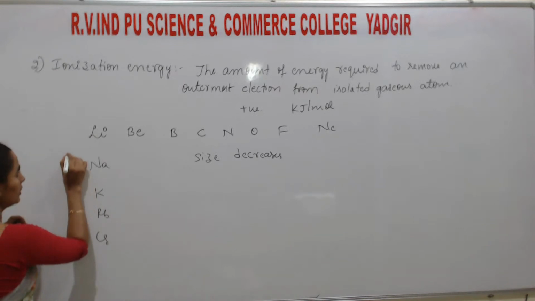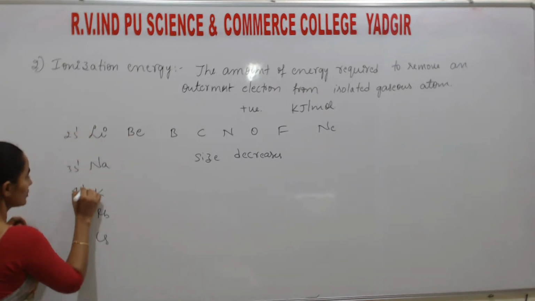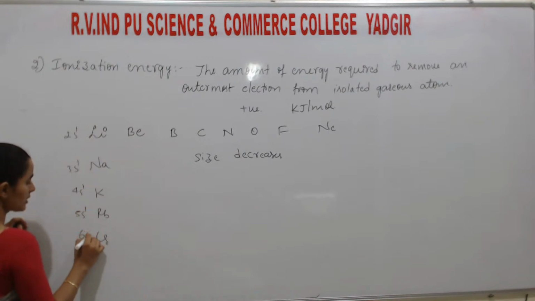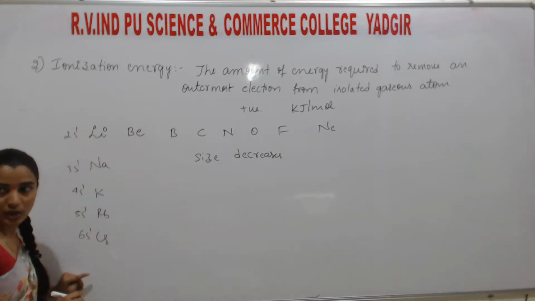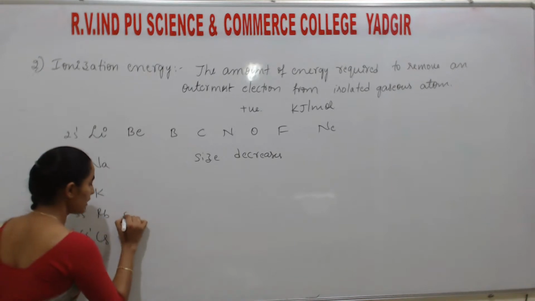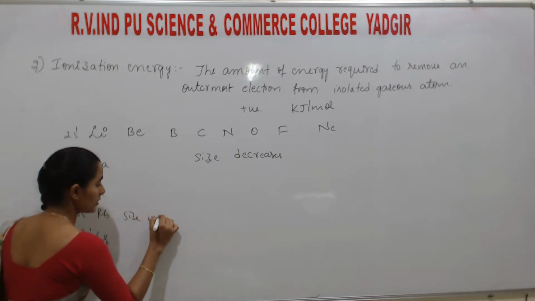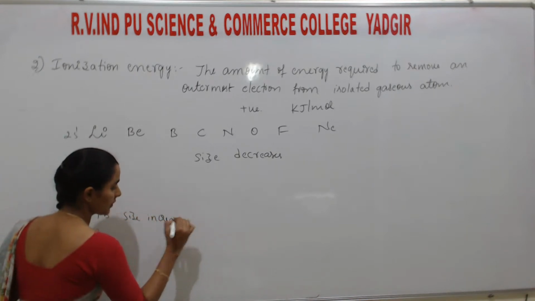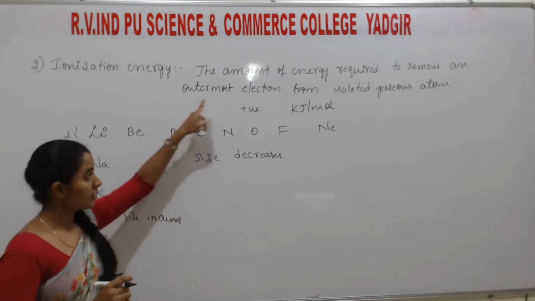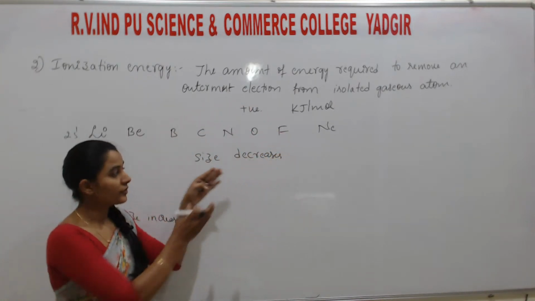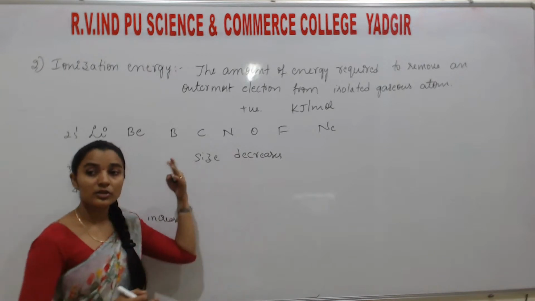This is 2s1, this is 3s1, 4s1, 5s1, 6s1. Here an extra shell is added, so here size increases. Okay students?